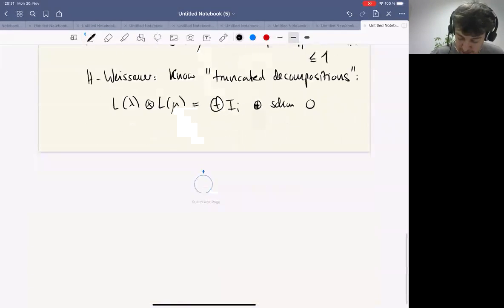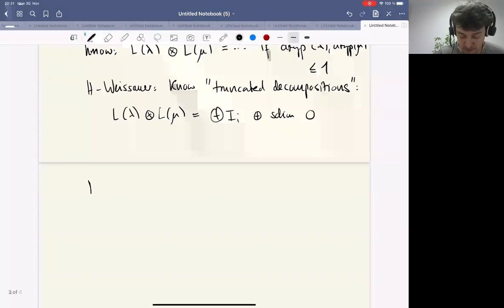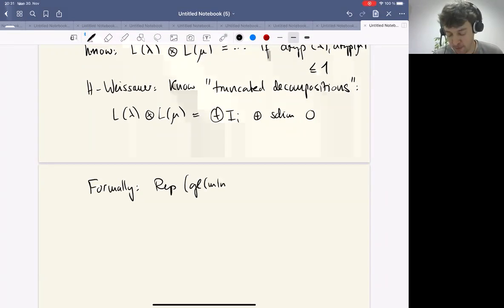So formally, to make this truncated decomposition rigorous, take Rep GL(m|n) and you mod out the so-called negligible morphisms.